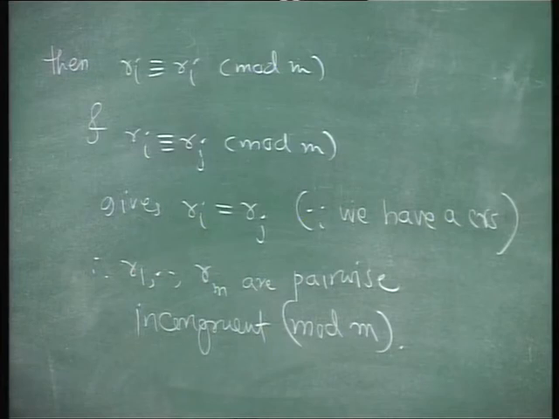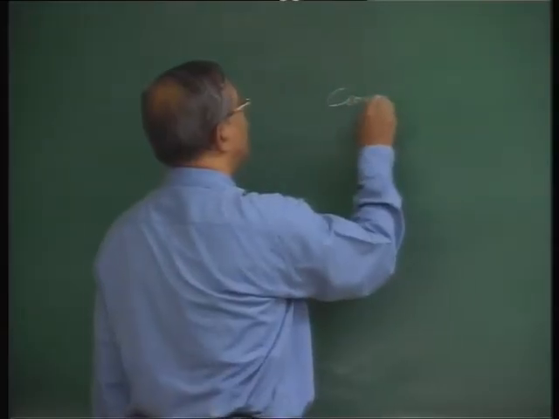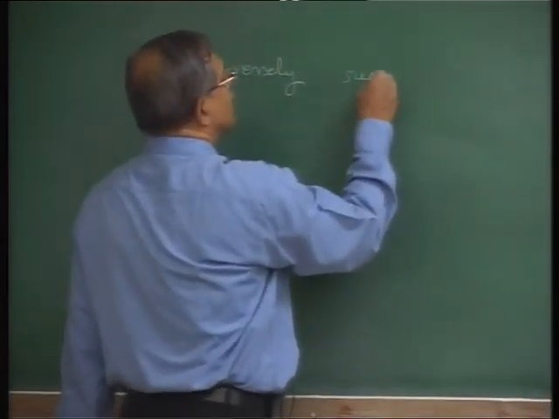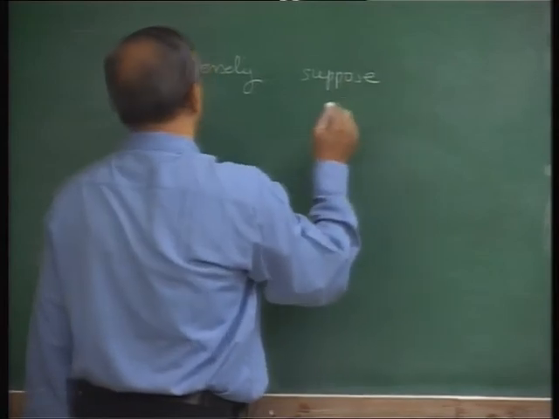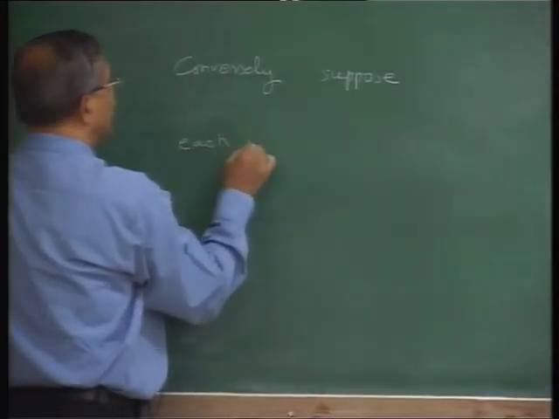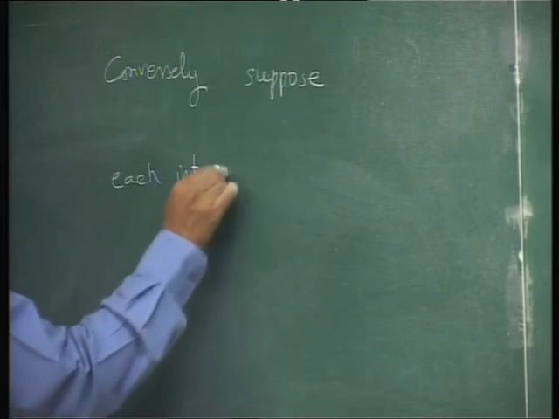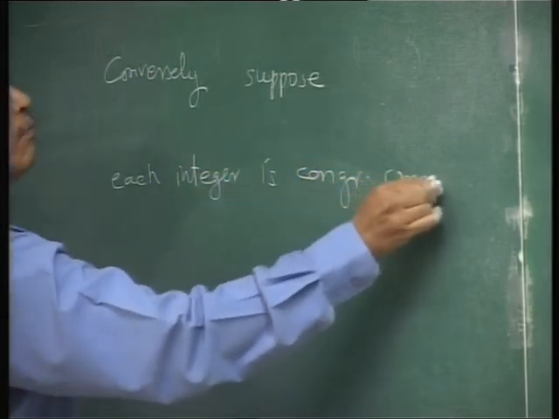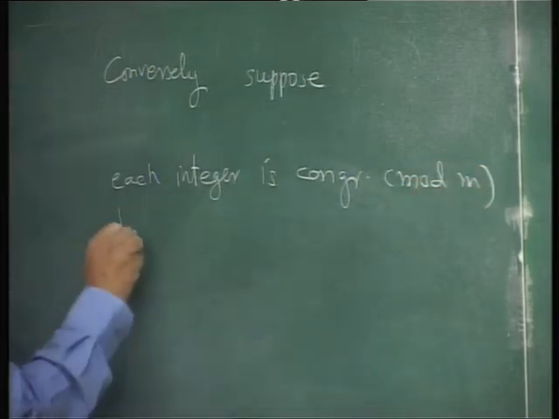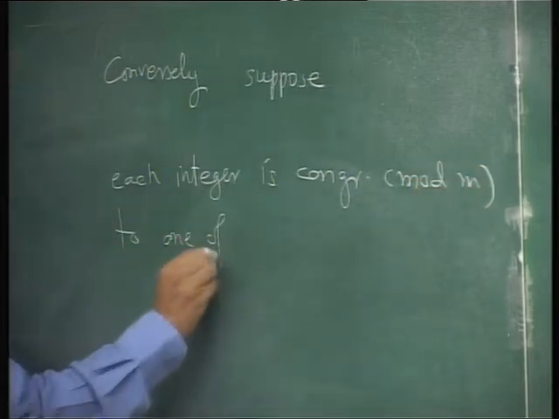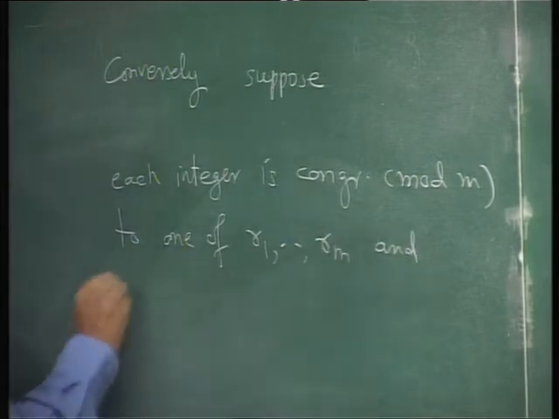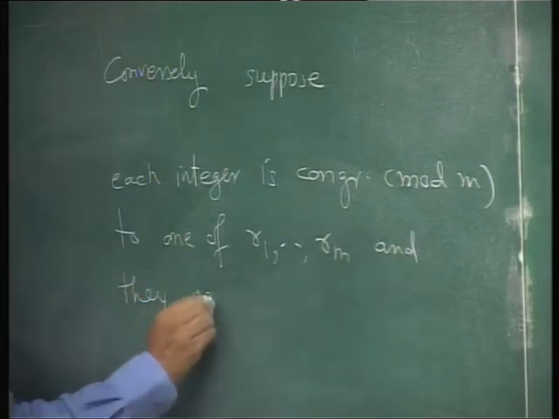Conversely, suppose each integer is congruent mod m to one of R1, R2, Rm, and they are pairwise incongruent.